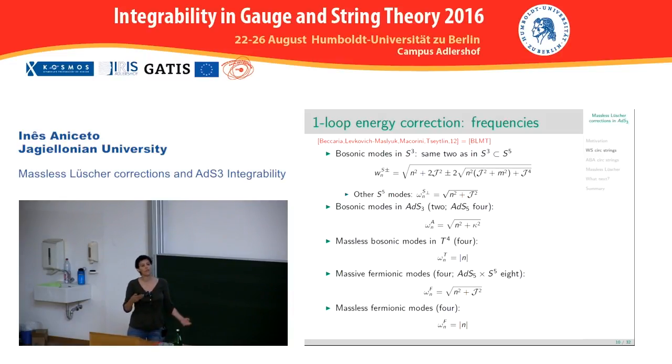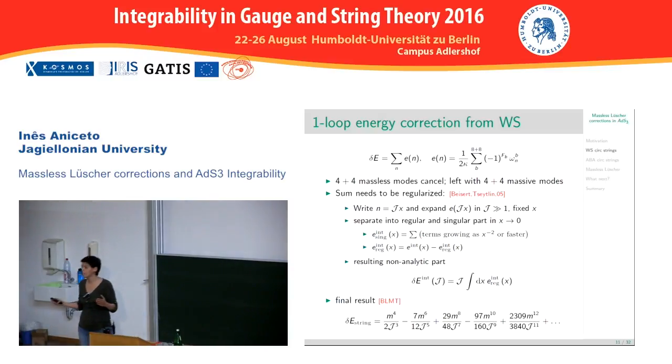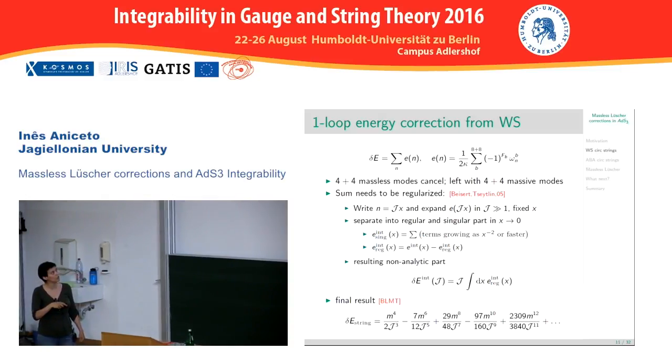And we now have the superpartners of these massless modes, which are massless fermionic modes, which are 4 as well. So the main idea is that, okay, now we have all the frequencies. What we can do is we can sum them. We can sum over all modes in these frequencies, and sum over all different modes and all the different mode numbers.